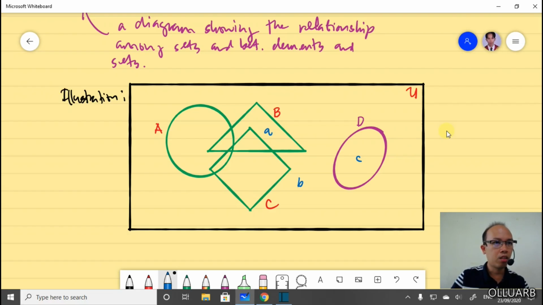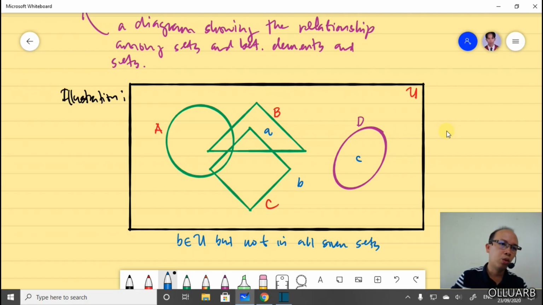I can say that B is an element of the universal set, but not in all given sets.